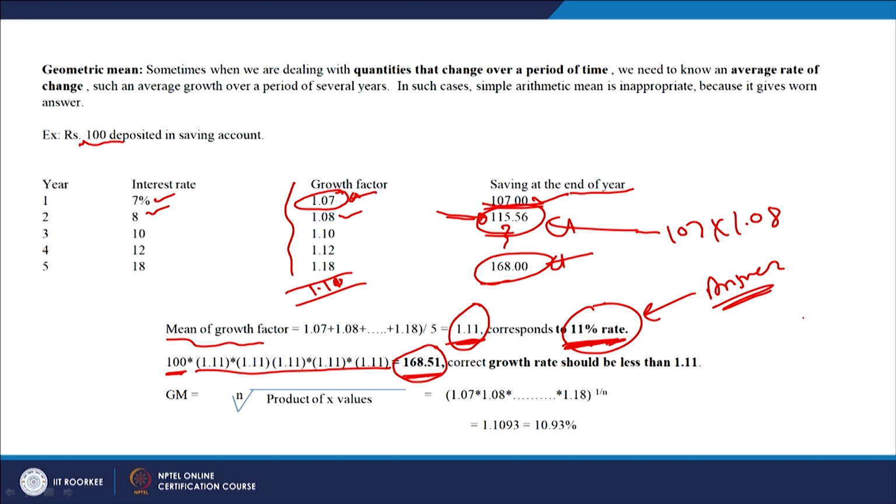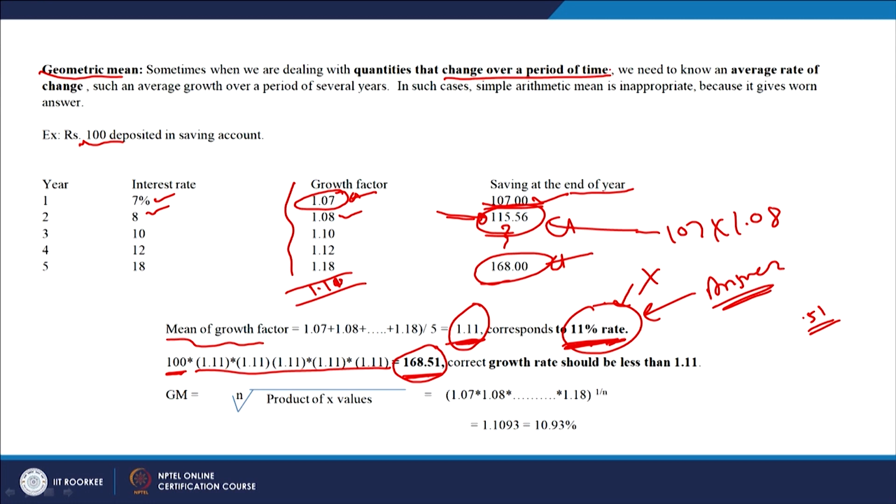So, we are getting 0.51 rupee less. It means this answer is not a correct answer. So, there is something called the geometric mean which will take care of change in quantity over a period of time.